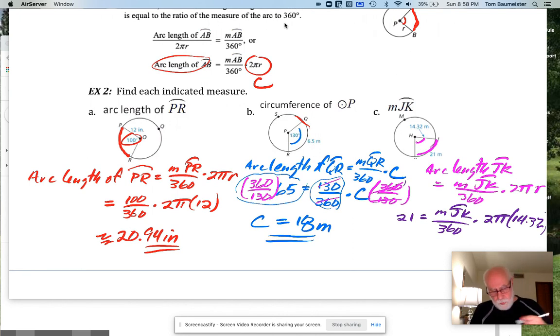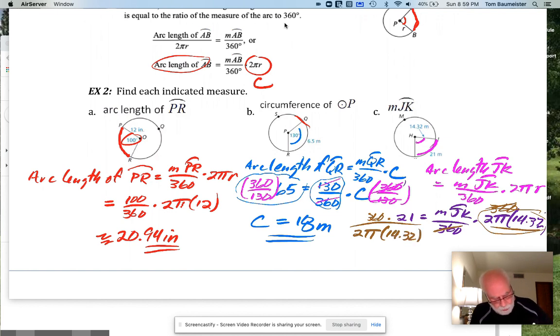Okay, so now again, I want you to think, what are you going to do here? You are going to multiply both sides by 360, right? Because that's going to make those go away. And then we're going to take all of this and divide it by 2 pi times 14.32.